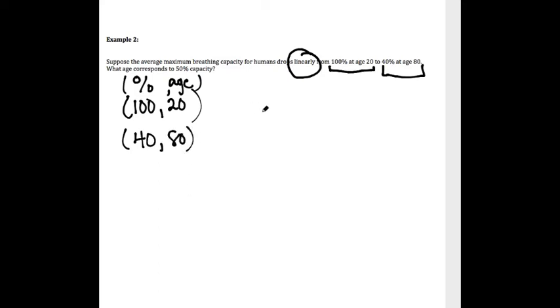Now we're back to what we were just looking at in the previous example. We're given 2 points, and we need to find the equation of the line. The first thing we need to do is find the slope.